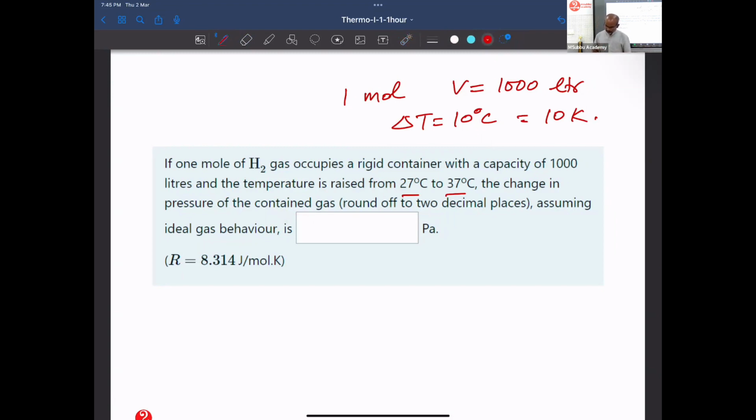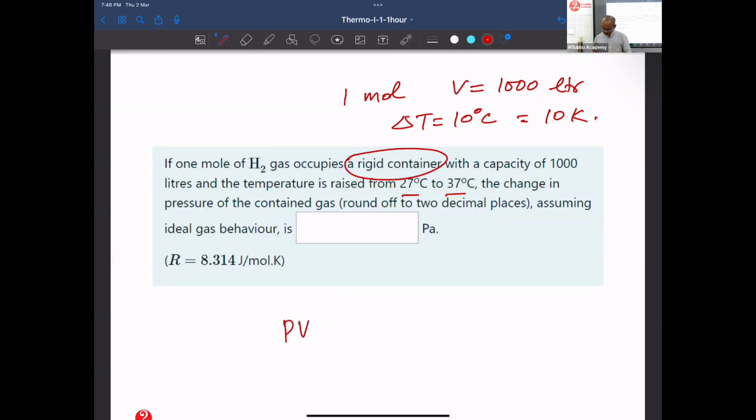What is happening in the process is a rigid container. It's helpful because for a rigid container, volume remains constant. The container cannot expand or contract. So of course there is a heating process, an increase of temperature by 10 degrees Celsius, and what is the corresponding pressure increase?